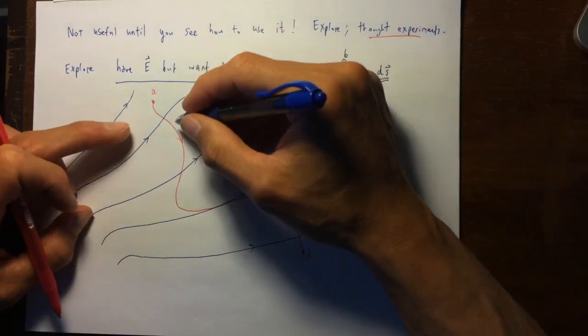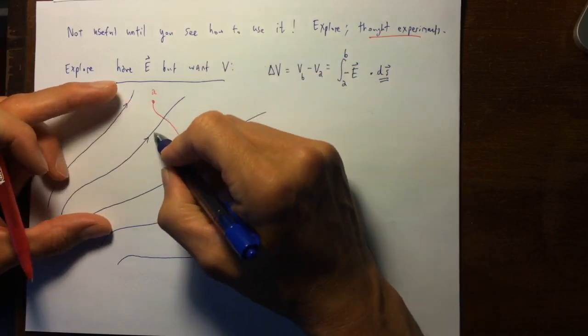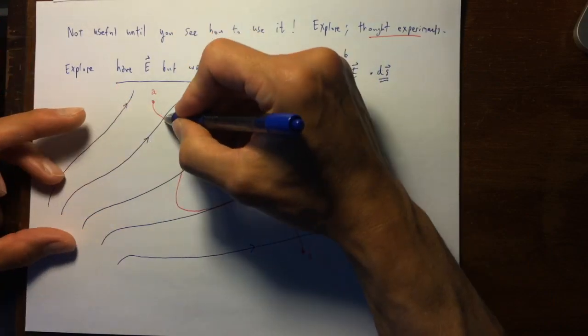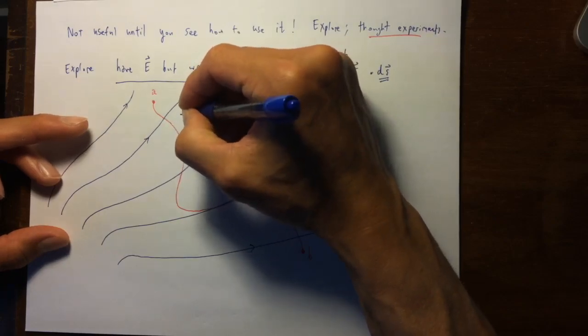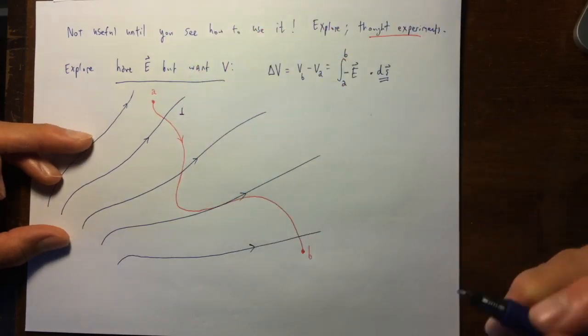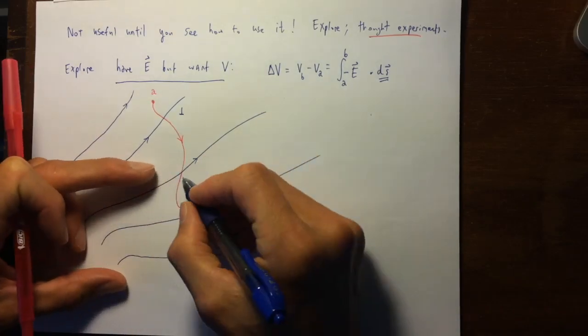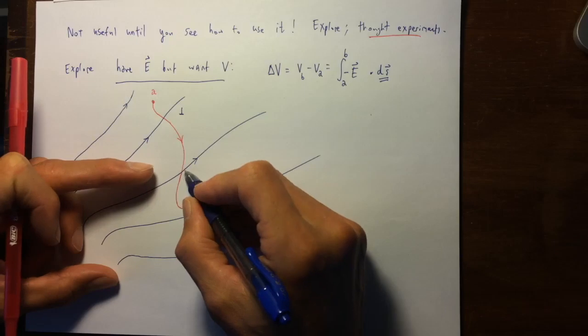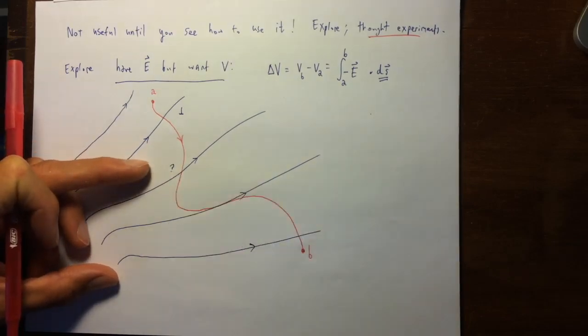So I'd like you to see that the red path and this electric field line at this location right there is a situation of perpendicular. This one right here is neither perpendicular nor is it along the field line. So let me just put a question mark there for a second.